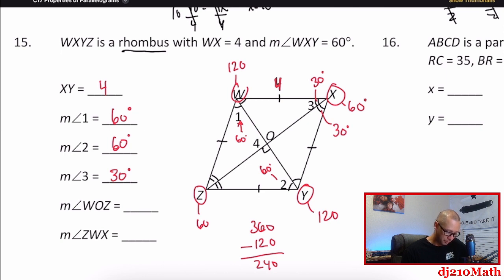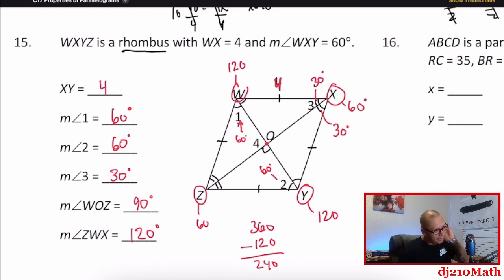Measure of WOZ, which is basically angle 4, that's 90, right? Because they're perpendicular. And ZWX, okay, that's just W. That's just 120.